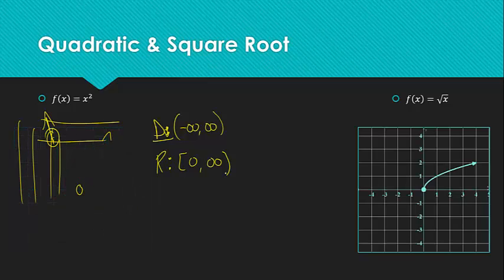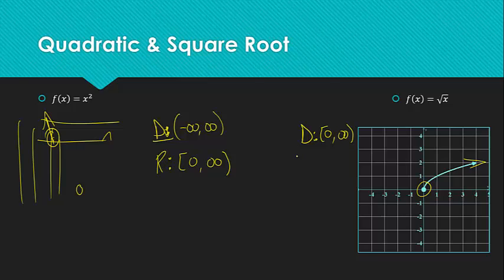Our square root parent function, f of x equals the square root of x, looks just like this. So for our domain, the smallest number on our x-axis is right here, which is 0. So include 0, and then it goes forever right, so it's going to be to infinity and beyond.